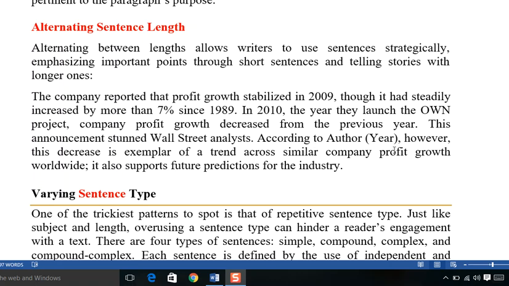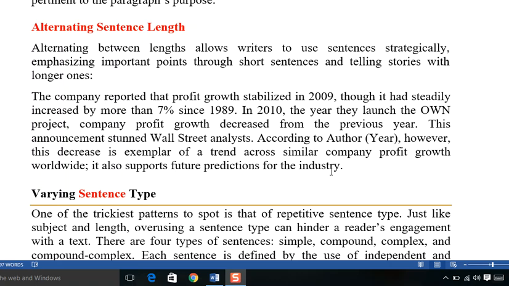According to Arthur, however, this decrease is exemplary of the trend across similar companies' profit growth worldwide. And here he has used semicolons and then connected: it also supports the future prediction of the industry. I mean, he has used the middle way. The sentence structures are not very lengthy and they are neither very short. They are medium-sized, well-adjusted sentences.